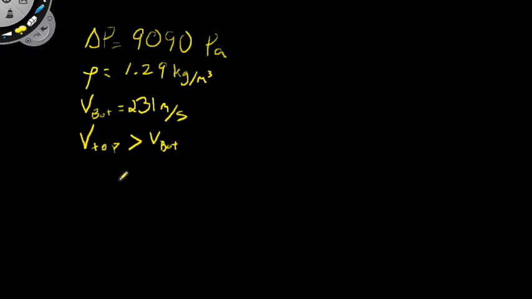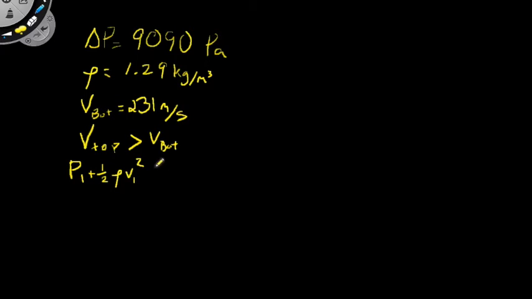So the equation I'm going to look at is actually Bernoulli's equation. And the equation we're going to be really interested in is the one he derived, which is just P1 plus 1/2 rho V1 squared. Now, I'm going to leave out the gravitational potential energy here because there really is going to be no massive difference in the potential.